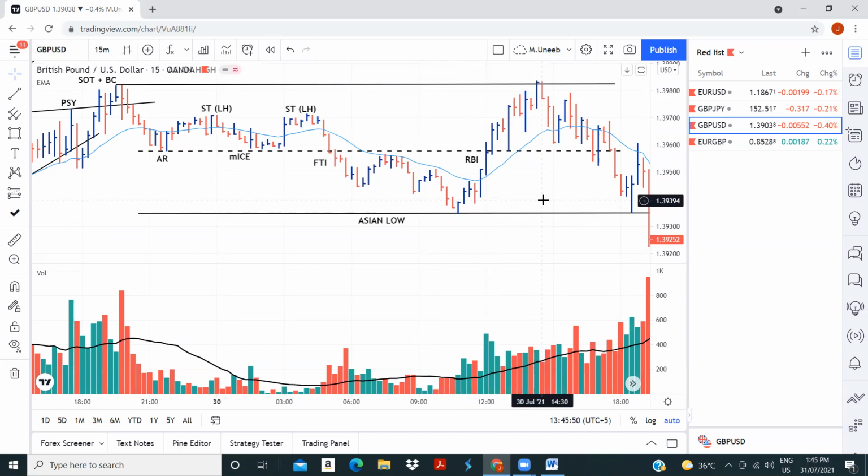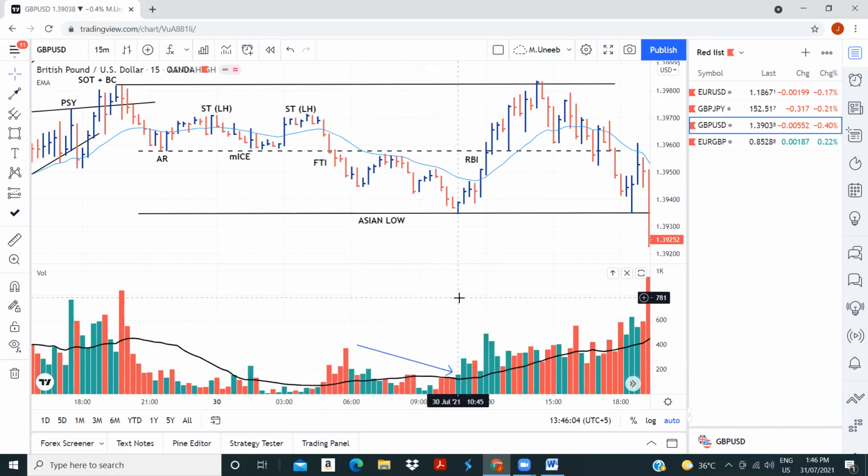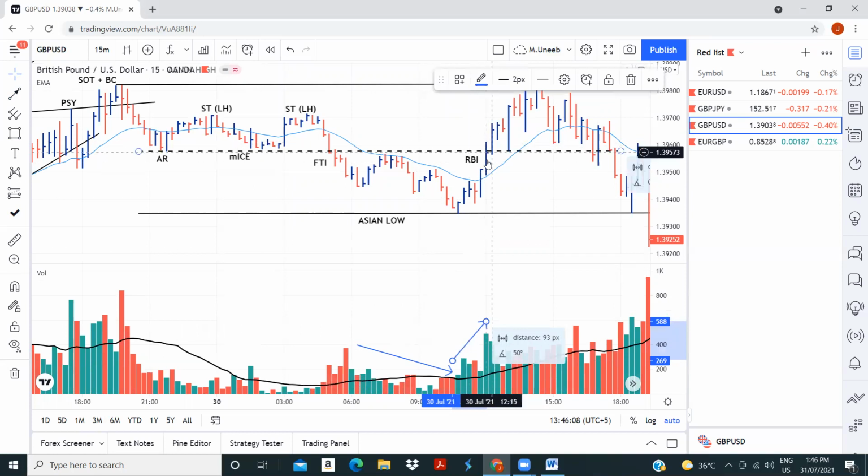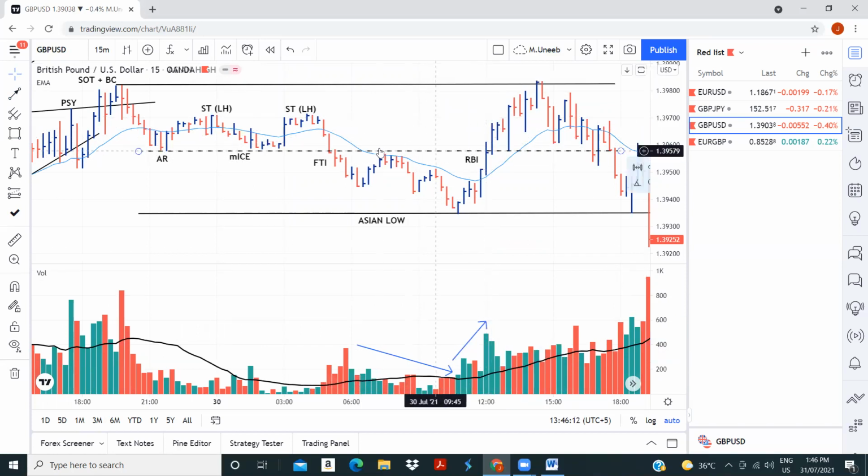It should show a test of the reference level. This RBI has declining bearish volume and increasing volume of bulls, so this RBI will definitely fail. Do you understand?